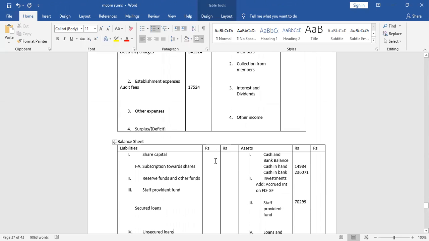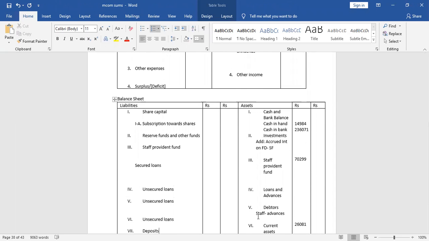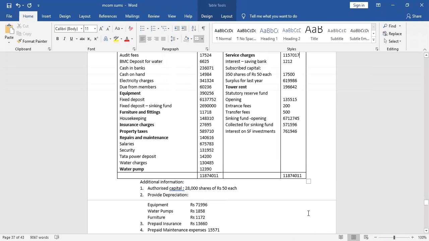Members, our customers, debtors. So here we will write due from members. The amount is 6236.